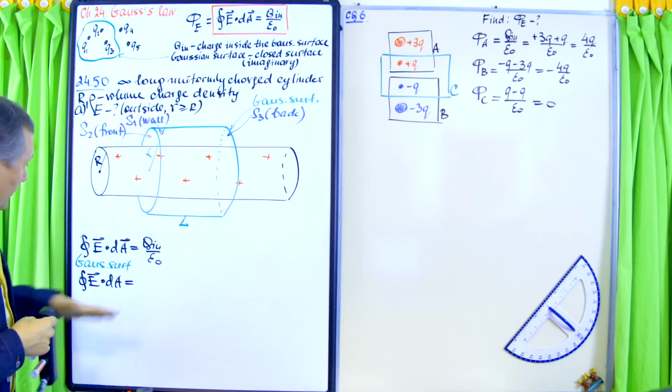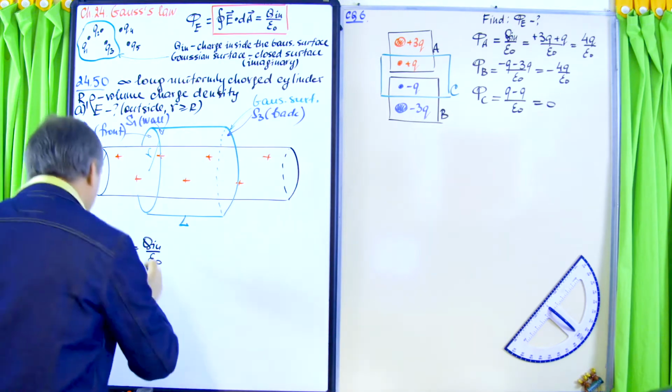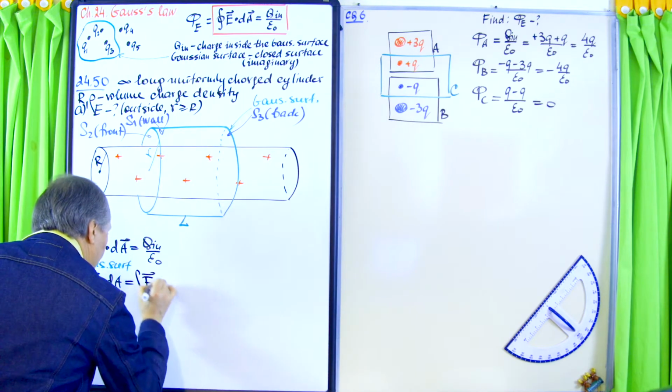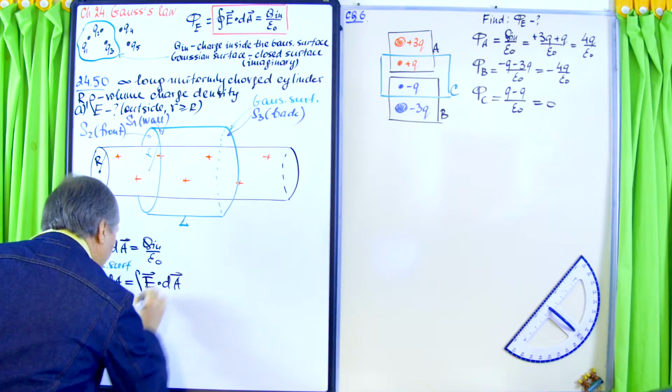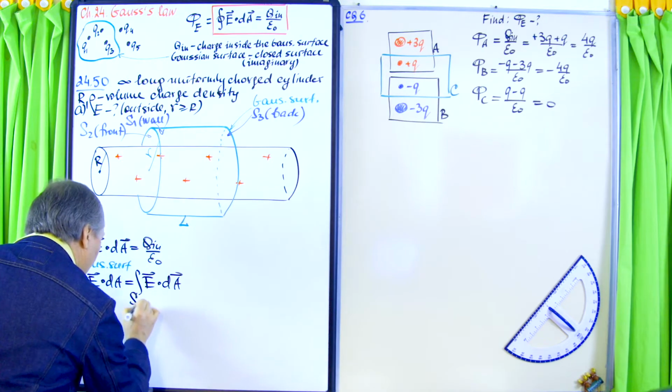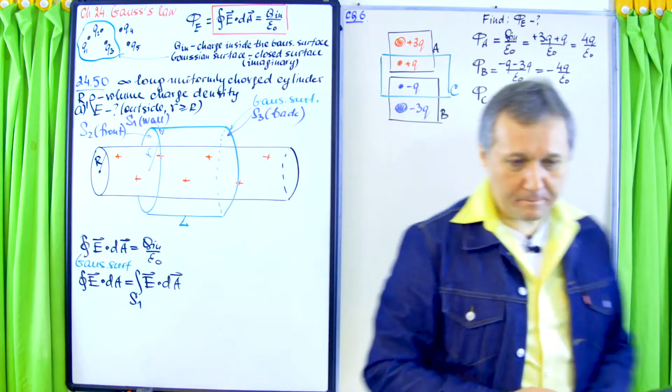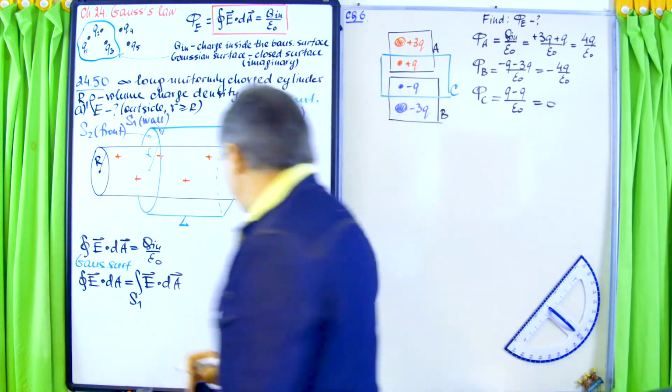And now I can write the 3 integrals. Integral of E dot dA over the surface S1, this wall. Then probably I will leave some space.